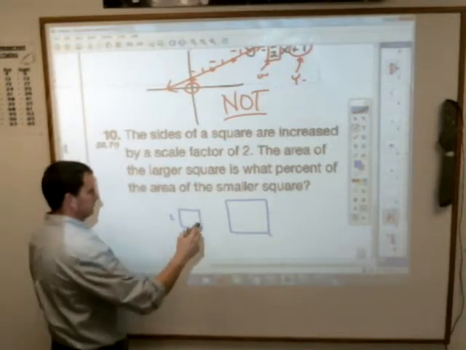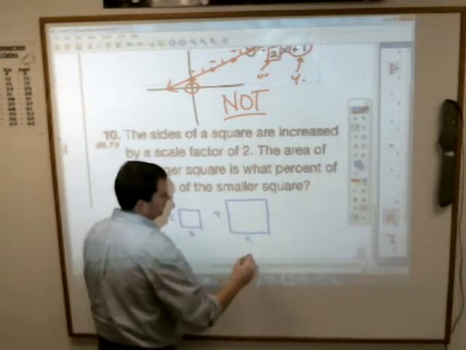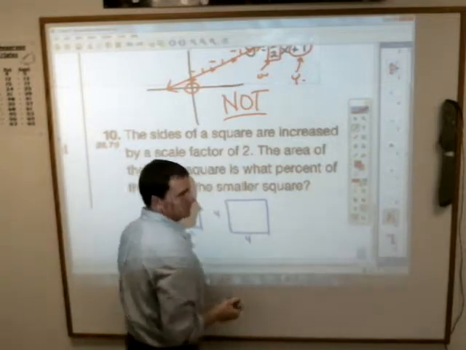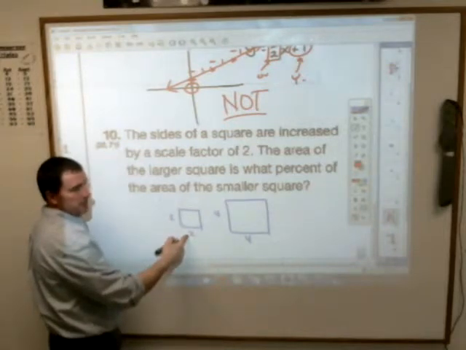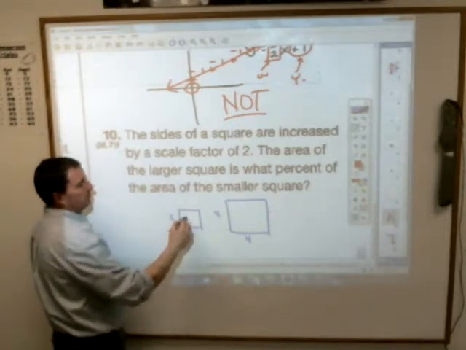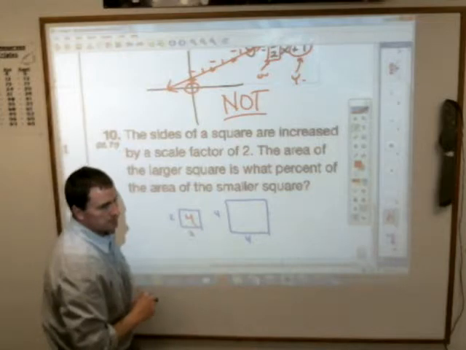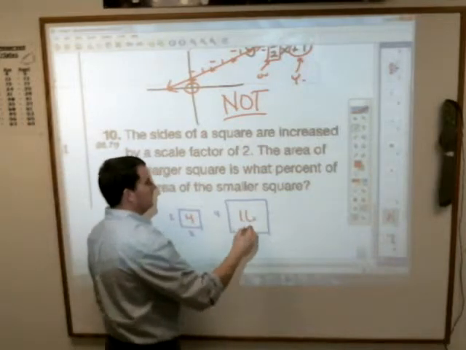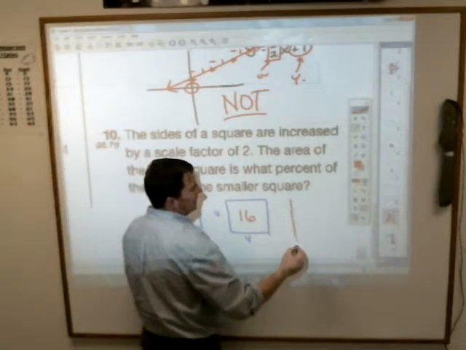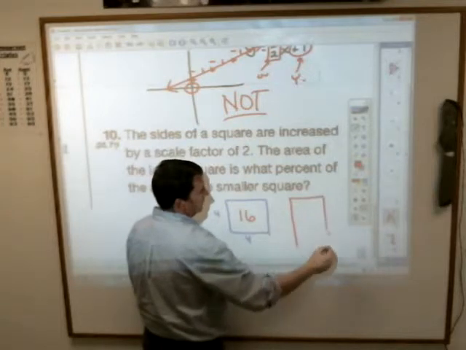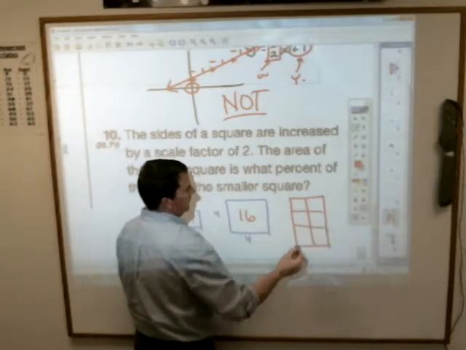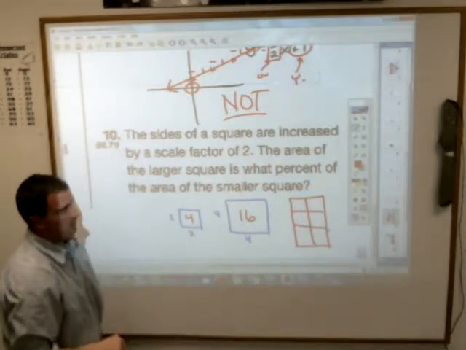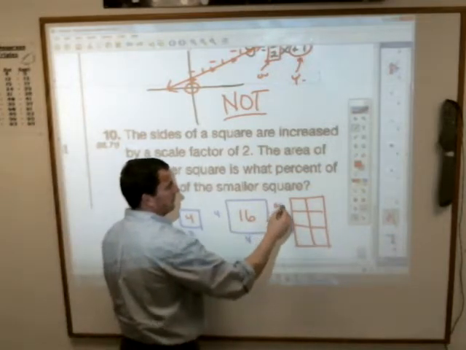4. Perfect. Now, we're talking about the areas of the square, so what are our areas? Area of the first square is, Jackson? 4. Area of the second square is? 16. And here's where I would draw the box, a percent box. And this is an increase in percent because it started out being an original thing.